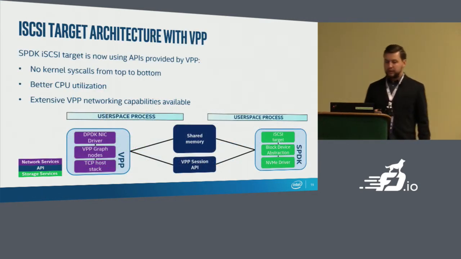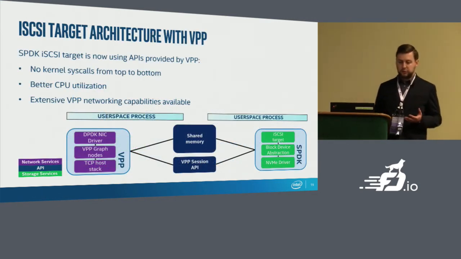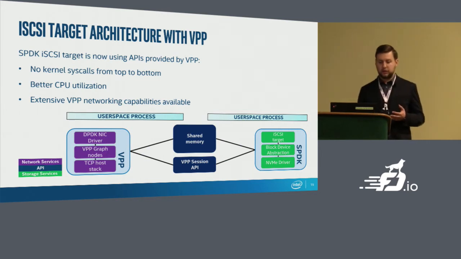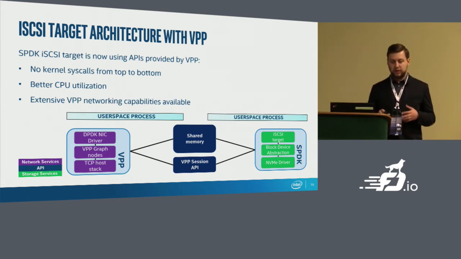And what we achieved with that was that the SPDK iSCSI target now uses the APIs provided by VPP. We no longer have the kernel syscalls. We achieve better CPU utilization and enable users to get access to all the networking capabilities that VPP has by itself.